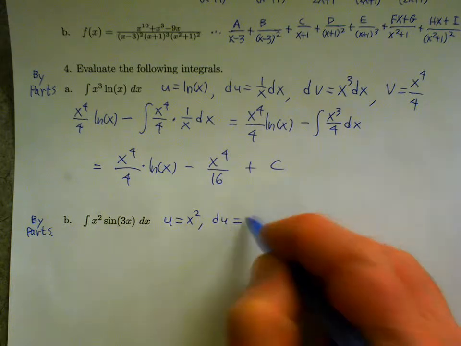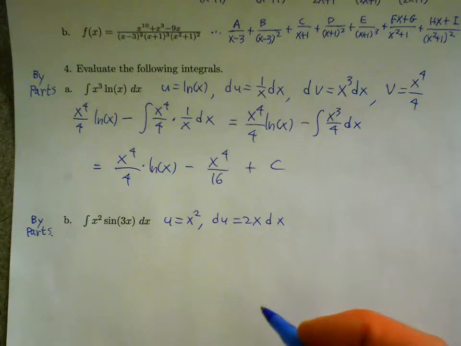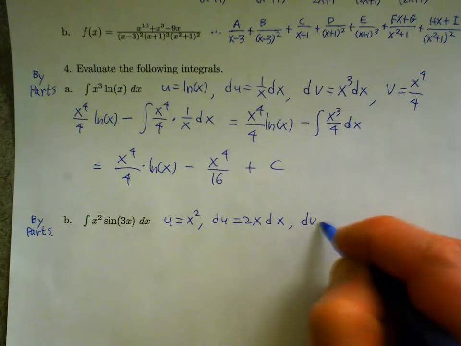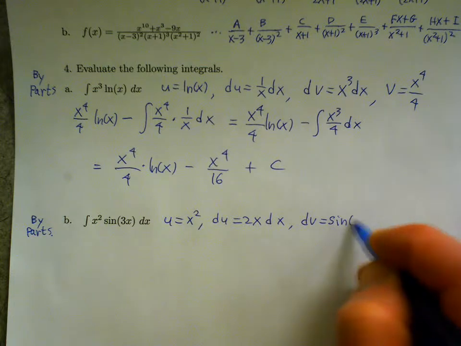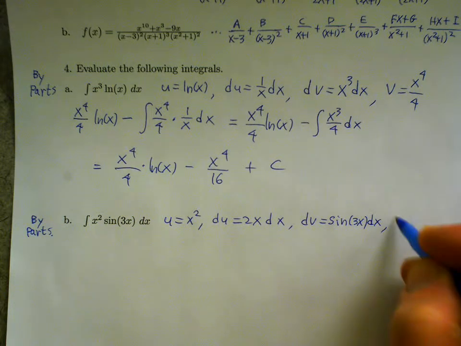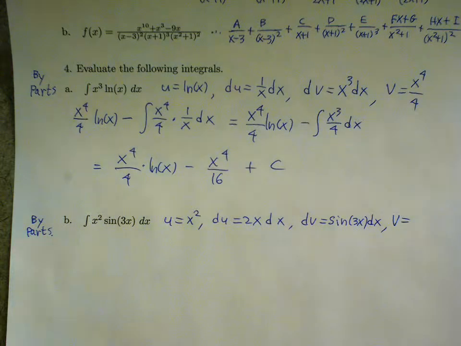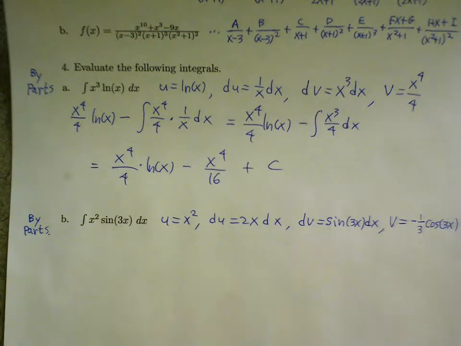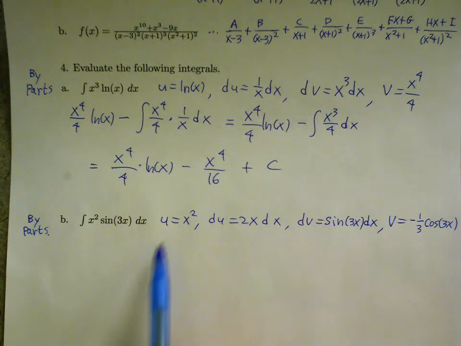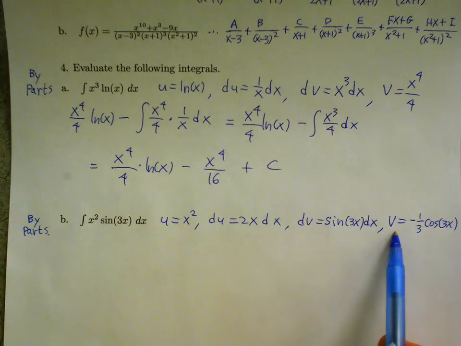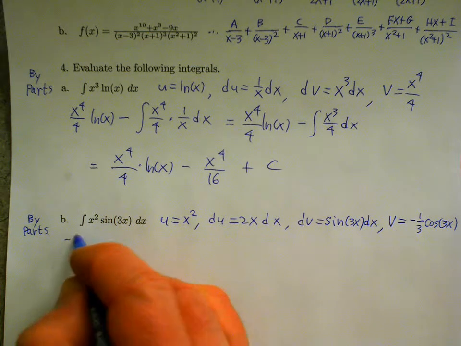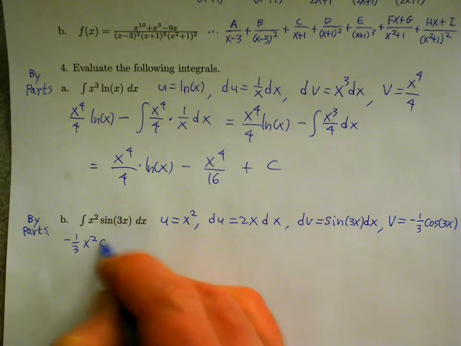So du is 2x dx. And then dv is sine of 3x dx. And v is negative 1/3 cosine of 3x. Okay, so the integration by parts formula, u times v, I'll write it as negative 1/3 x squared times cosine of 3x.